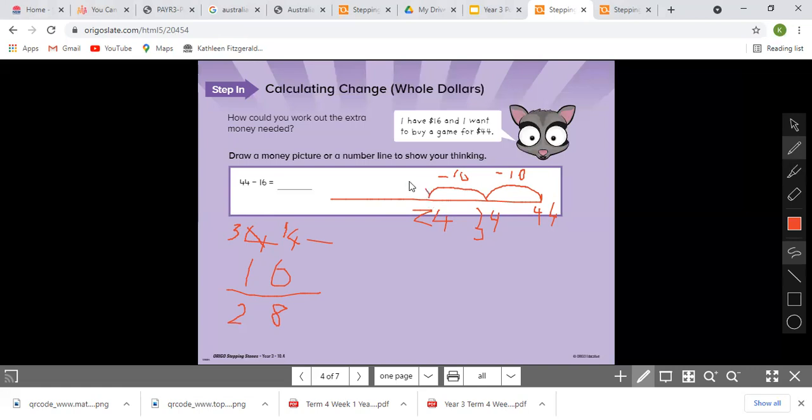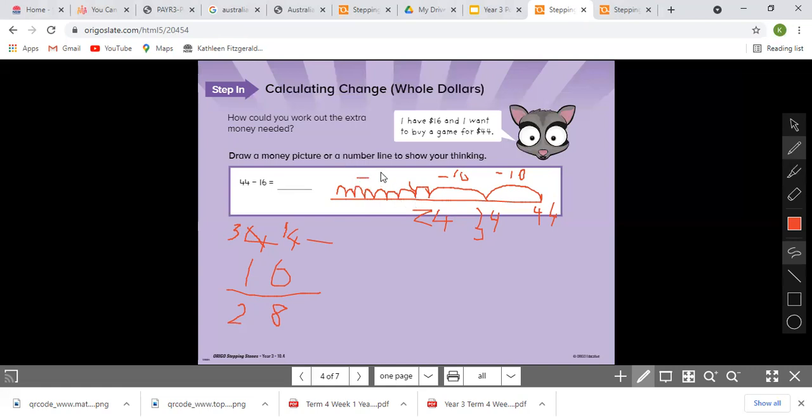So 24, 23, 22, 21, 20, 19, 18, 17, 16. That was a rather wobbly one there at the beginning. Okay, so now we've got 1, 2, 3, 4, 5, 6, 7, 8.